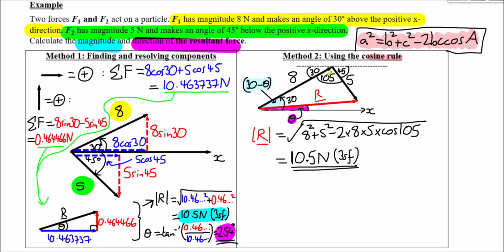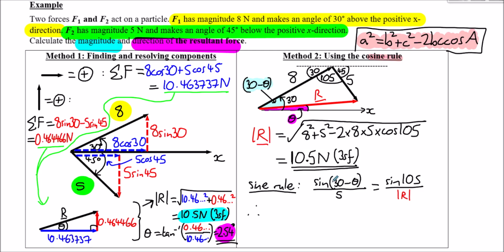So just thinking of this triangle here, the 8, 5, R triangle, we can apply the sine rule to work out this theta. So, the sine of this tiny angle here, just this blue section, sine of 30 minus theta, divided by the side opposite to it, which is 5, equals sine of 105 divided by R, which we just worked out.